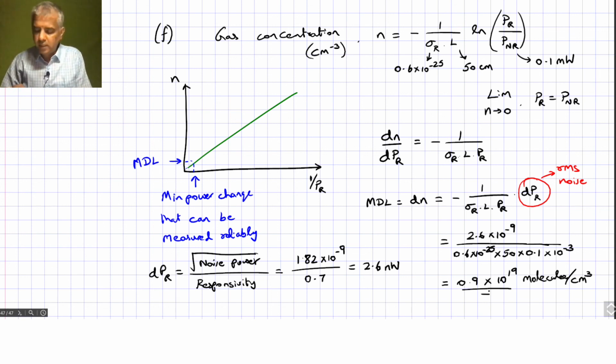And so, what does it correspond to in terms of the actual concentration? If you do dN over N, then you can figure out the minimum concentration in terms of parts per million, and this will work out to be roughly, if you take the ratio of 10 power minus 9 and 10 power minus 3, something in the order of parts per million.